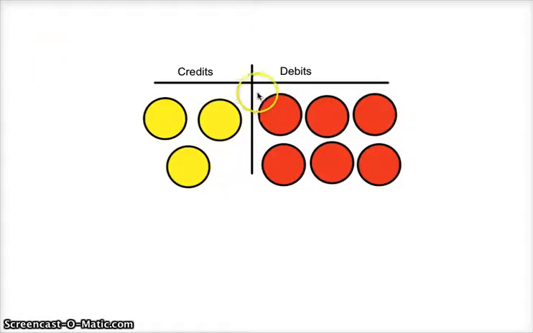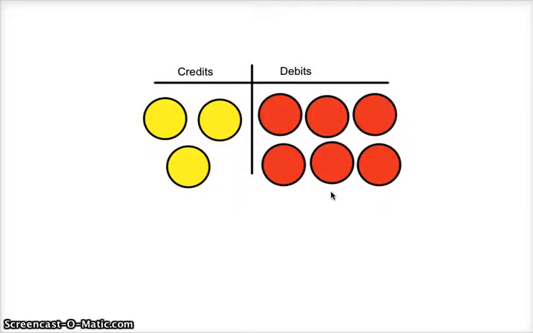So what I want you to see is that if we want to take away a certain number of credits, positive numbers, we need to make sure we have those credits there. If we wanted to take away 7 credits, 7 positive dollars here, I don't physically have 7 credits here. That's when I need to make my 0 pairs. I would need to add 4 more yellow ones and 4 more red ones to keep the net value the same.